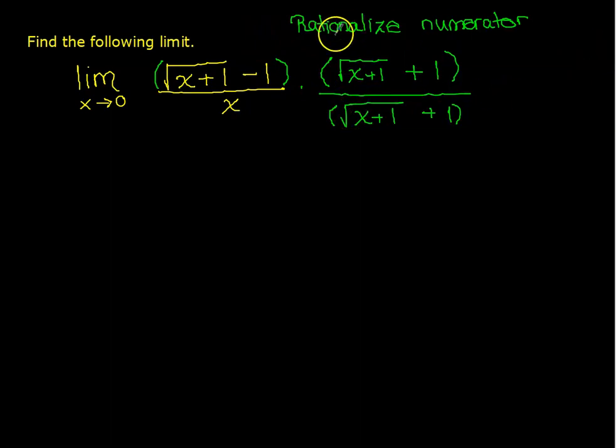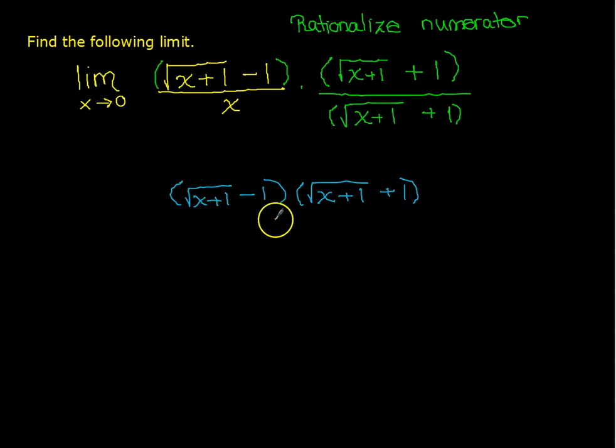So sidebar, I'm going to multiply the numerator first. So if I take the square root of x plus 1 minus 1 times the square root of x plus 1 plus 1, you could do FOIL. But there is a trick to multiplying conjugates.